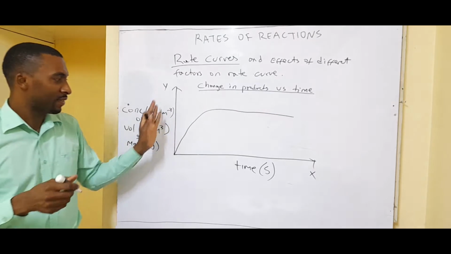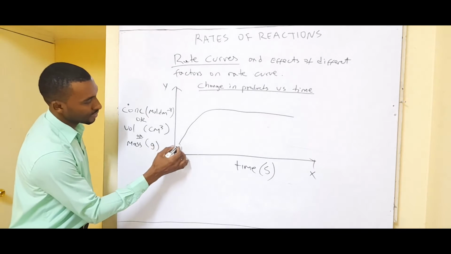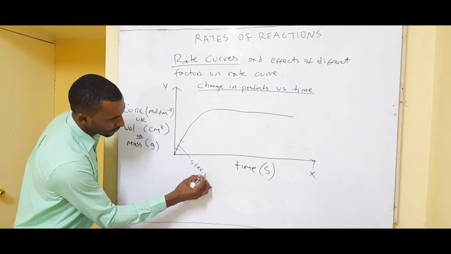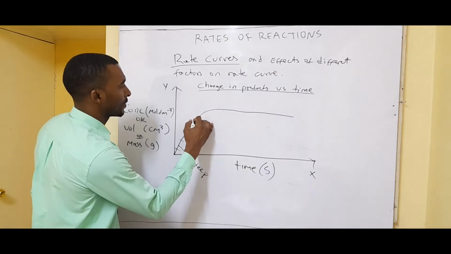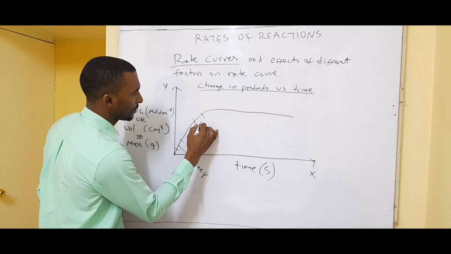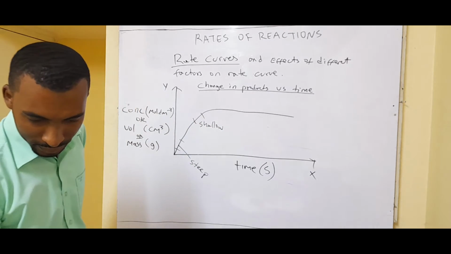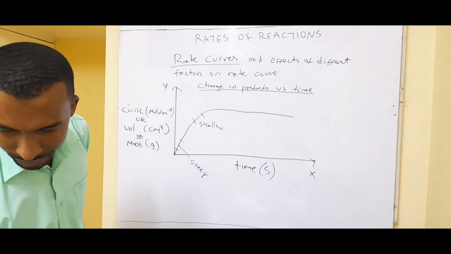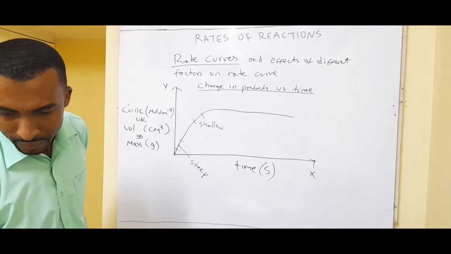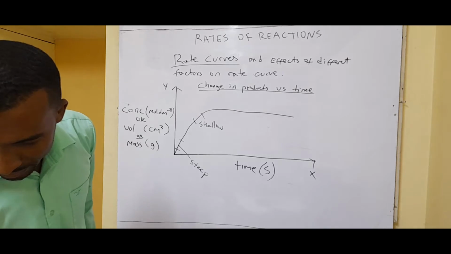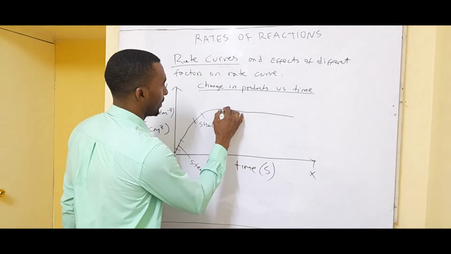So those are the different aspects of the graph you have to discuss. Like the initial aspect here is steep. Here becomes shallow. And then finally we'll have the horizontal aspect, right?